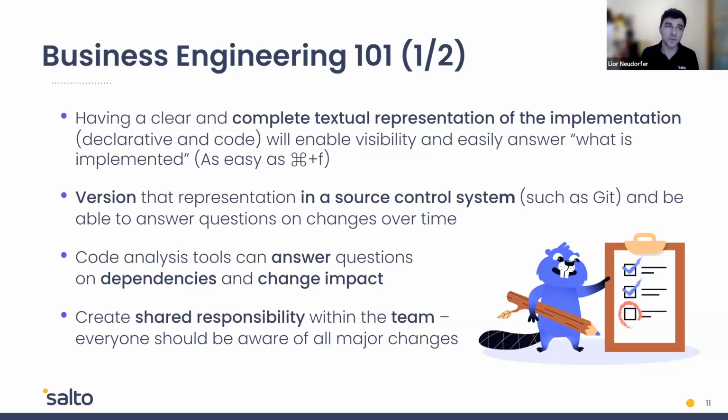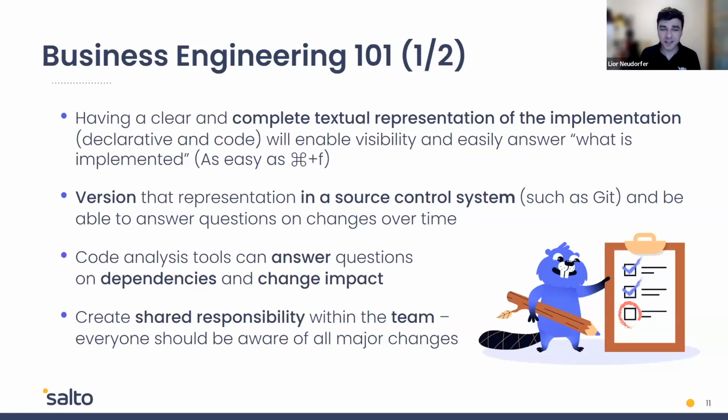Okay, let's build on top of that. If we have the entire configuration as files, as text, or as code, we can put it in Git, in a source control system. Then every change we make to the configuration is essentially a commit. If I added a new workflow which uses 2 new fields and put that in Git, I have a version that represents a specific version of my configuration.